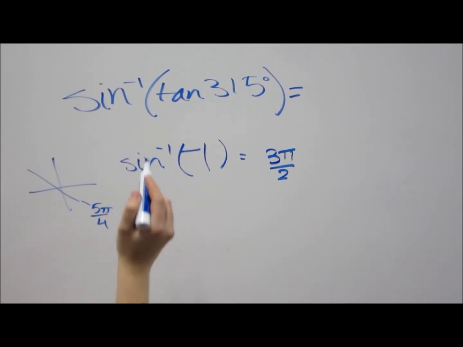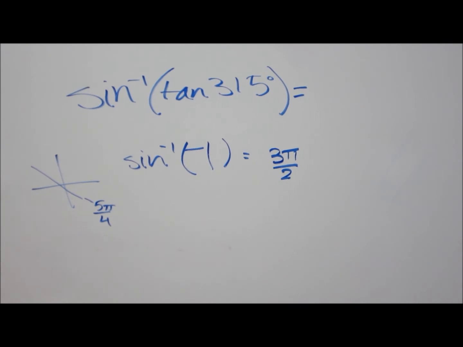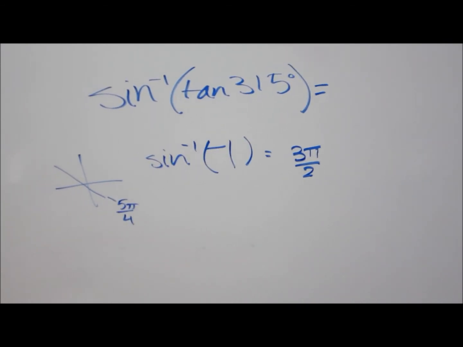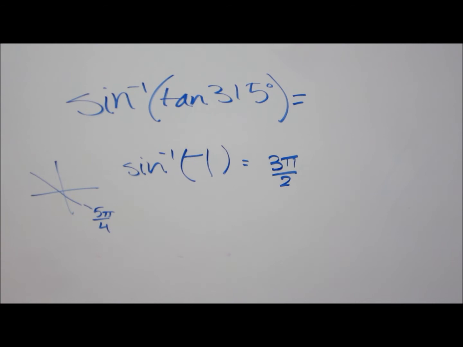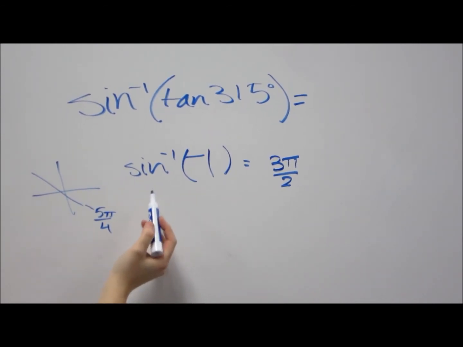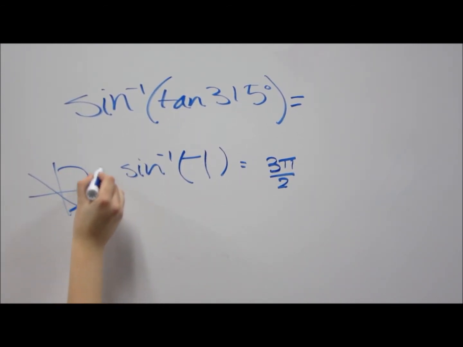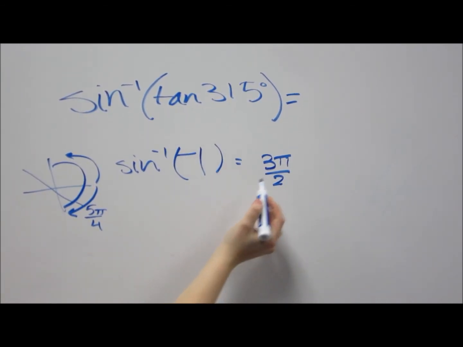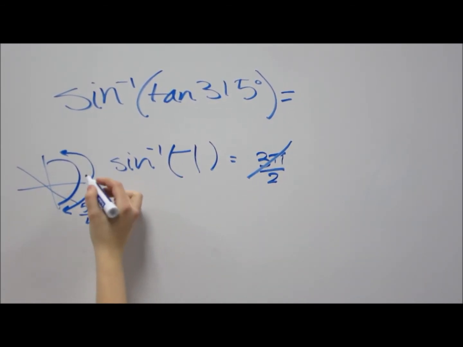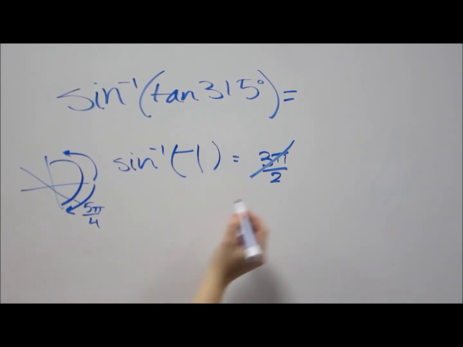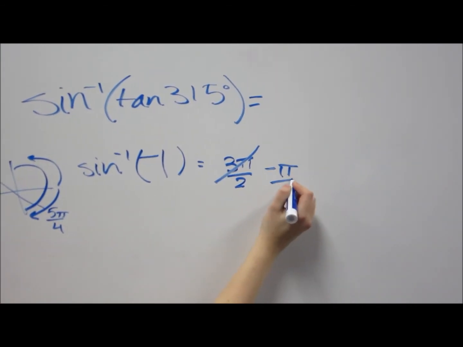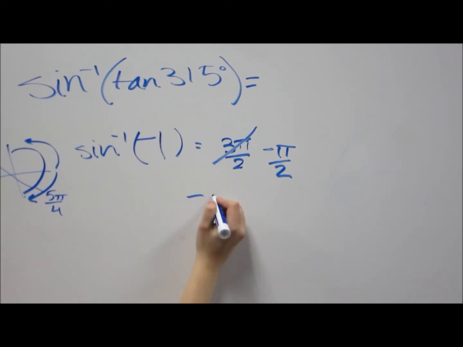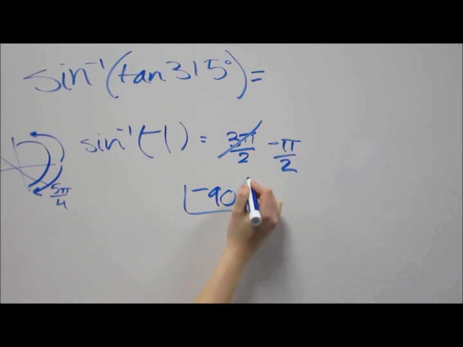Since they give it to us in degrees, you have to give it back in degrees. Since the principal interval of inverse sine is from 0 to pi over 2 and 0 to negative pi over 2, this does not work as an answer. So you go the negative direction, and it's actually negative pi over 2, which in degrees is negative 90 degrees.